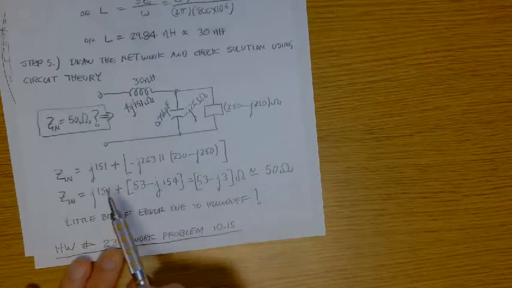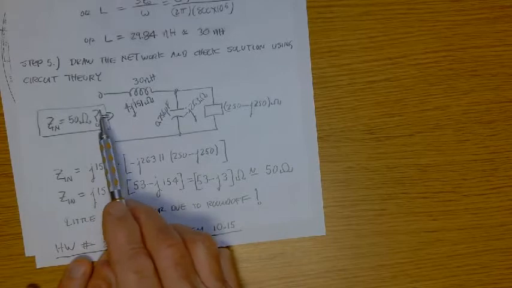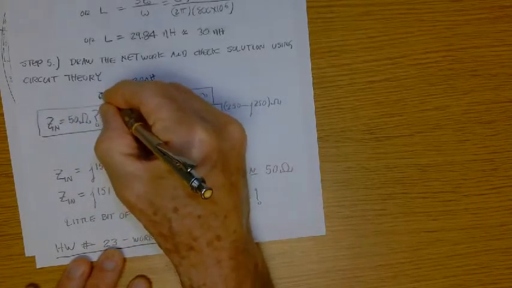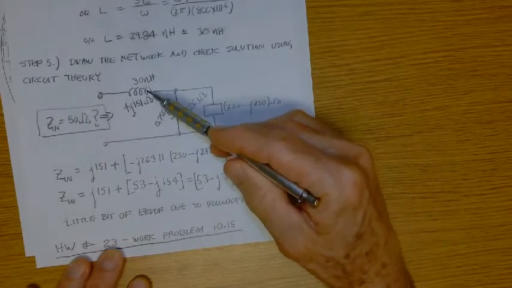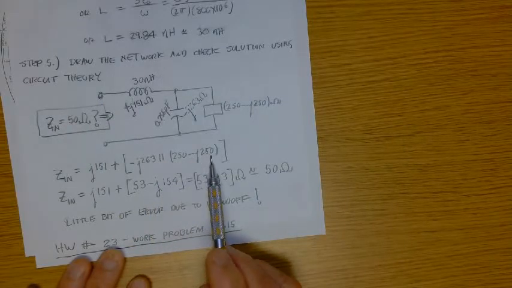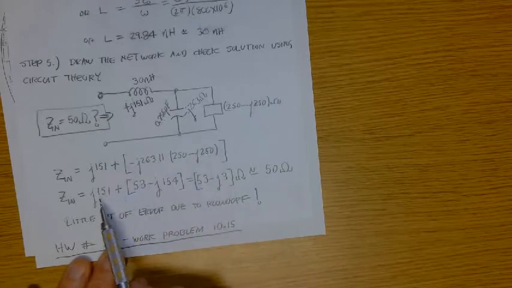So I need to check the input impedance, or the equivalent impedance looking into this pair of terminals, right? I need to put this in parallel with this, in series with that. So it's minus j263 in parallel with 250 minus j250, and then whatever that parallel combination is, I need to add j151 to it.